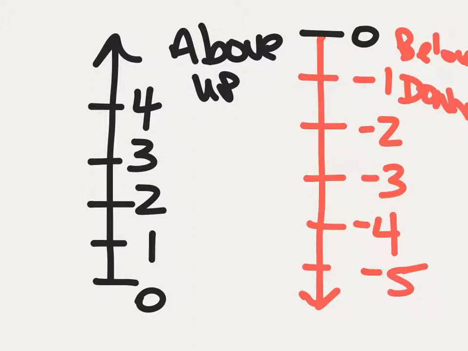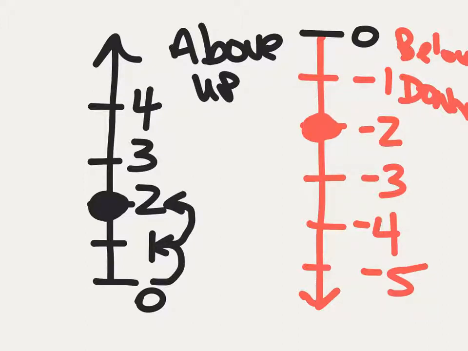So you could see above and below, opposites, up and down, opposites, just like left and right, opposites. Here, you should be able to clearly see that the opposite of 2, or positive 2, would be negative 2. If I were to move 2 places above 0 on a vertical number line, the opposite would be 2 places below 0. The same distance from 0 in the opposite direction.